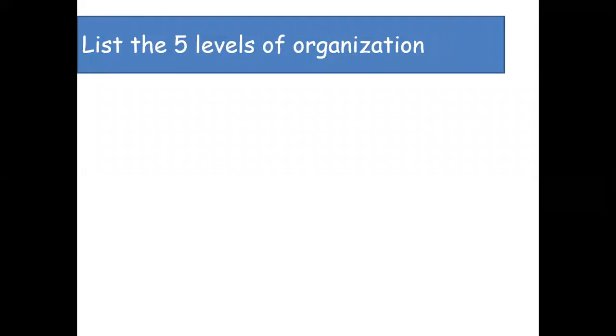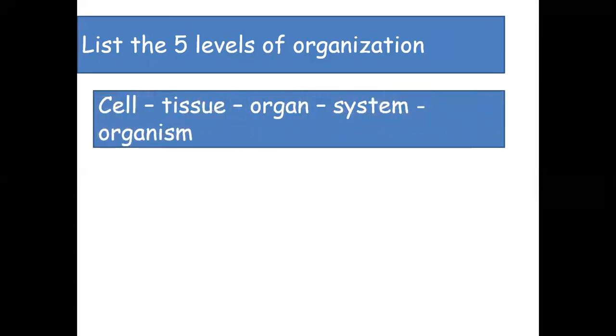Now, list the five levels of organization. Organization means the way the human body or the body of an organism is organized. There are 5 levels of organization. The first one is the cell. A group of similar cells having the same shape or similar shape make a tissue.